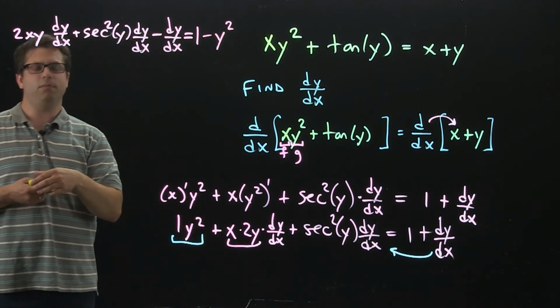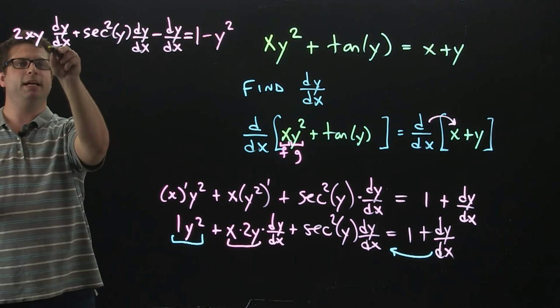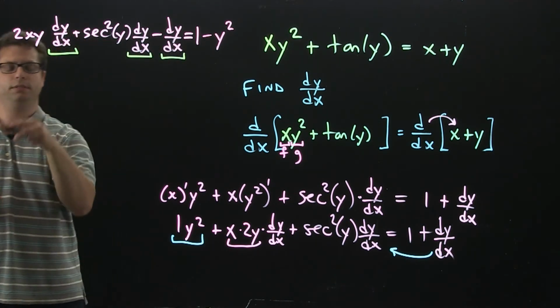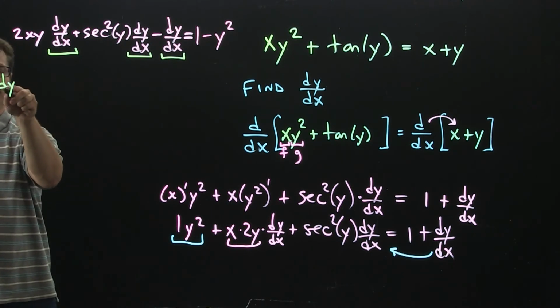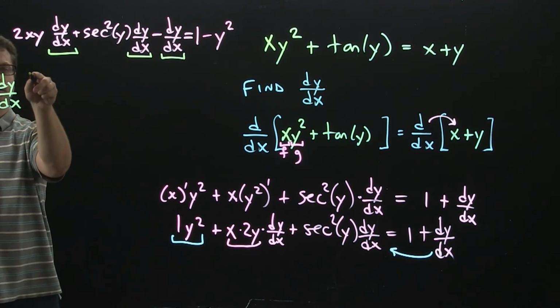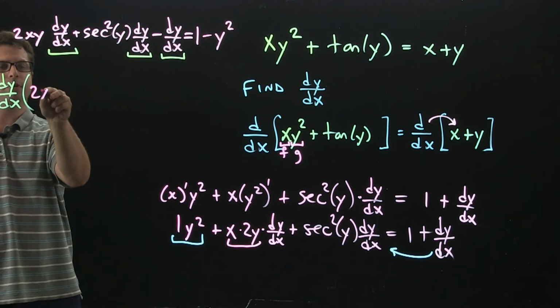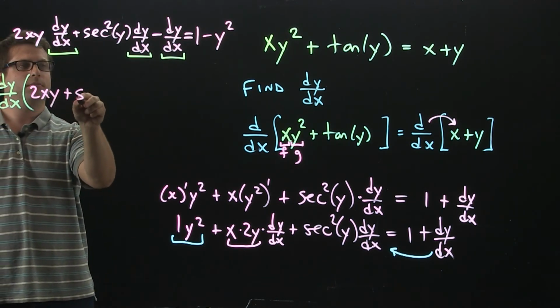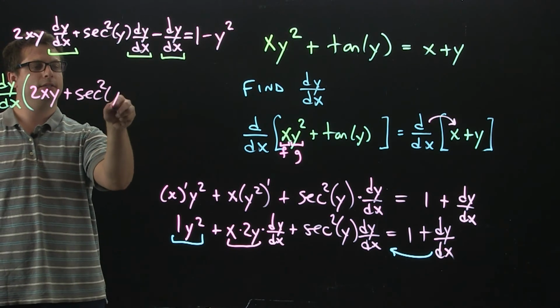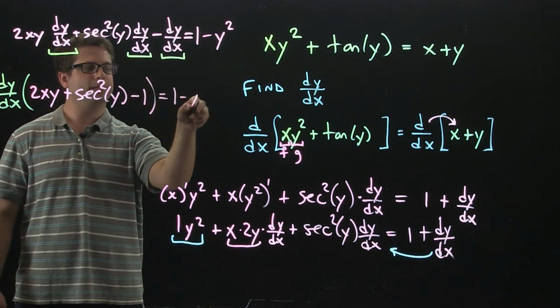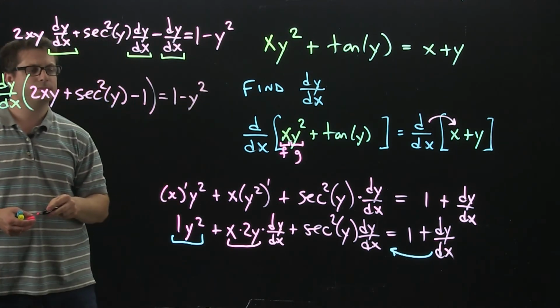The next step is I want to get the dy dx's here. I'm going to factor them out. We'll have dy dx and then the stuff left inside. So that will be 2xy plus secant squared y minus 1. And that equals 1 minus y squared.